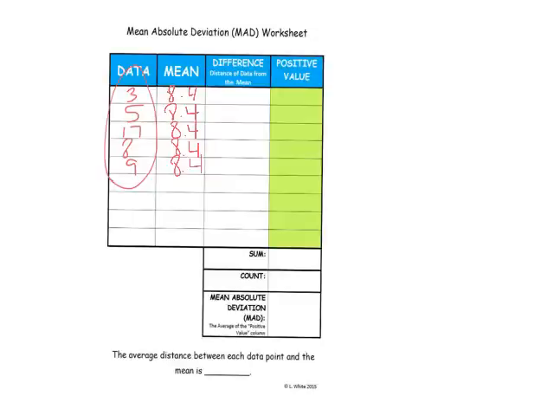Difference, the distance of the data from the mean. We're always going to do the mean minus the data. So you would do 8.4 minus 3, 8.4 minus 5.